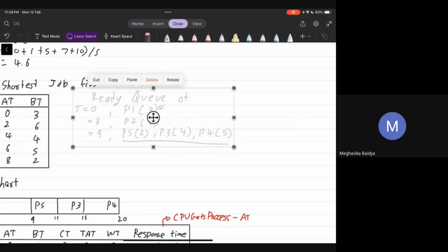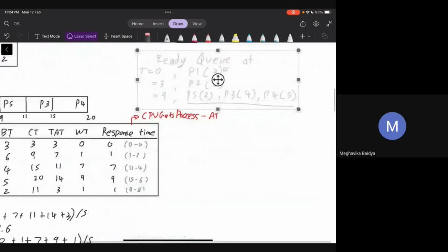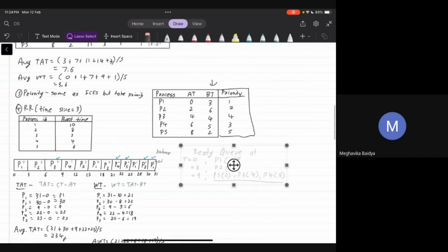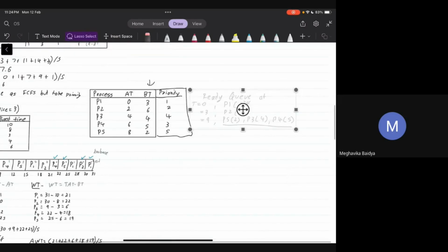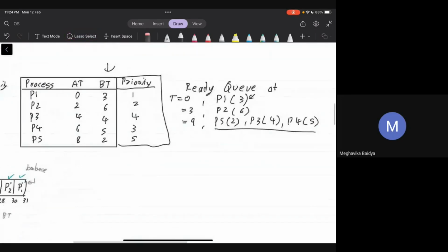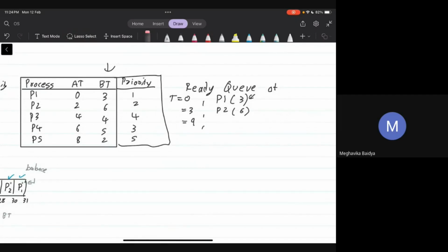Okay. So here, instead of this order, what we'll do is P1 and P2 are executed because they came first before the others. At t equals 9, all the other processes are together, but you have to now see the priority.